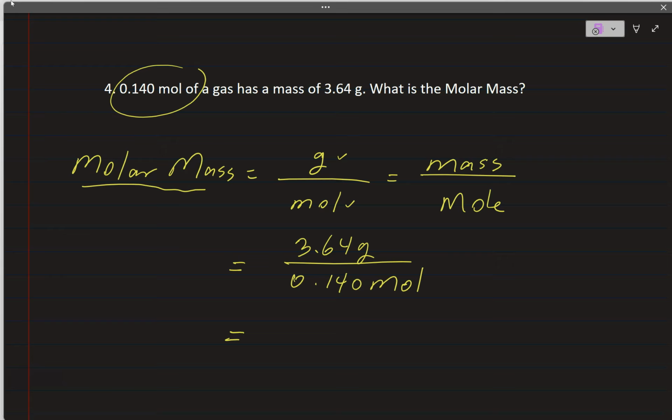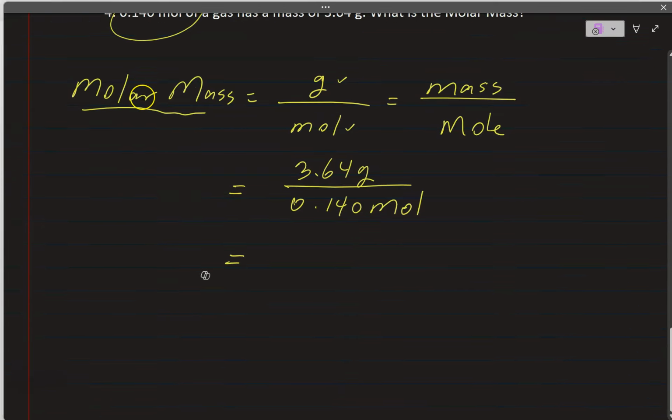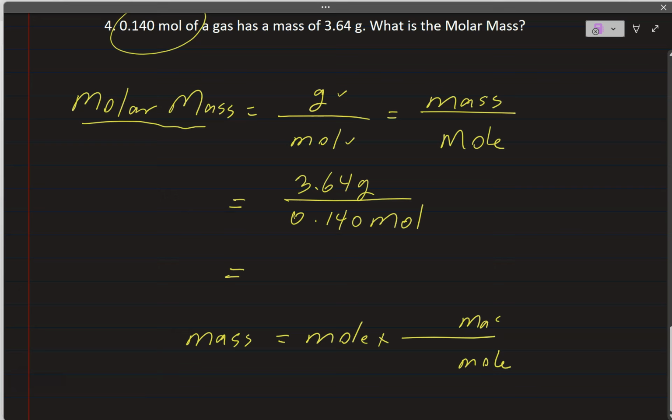All right. Now remember that whenever you're dealing with the calculation, if you want to find out what the mass is, that's basically mole times gram per mole, right? And actually, let me change that to mass, which is gram.